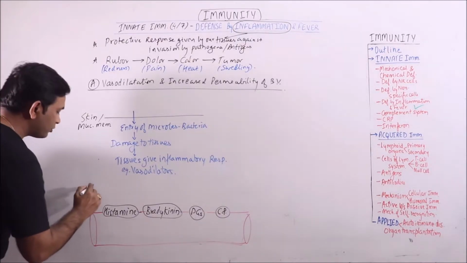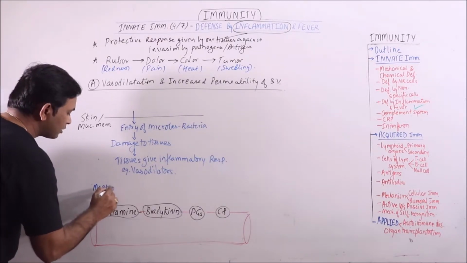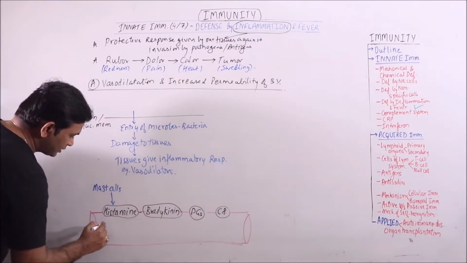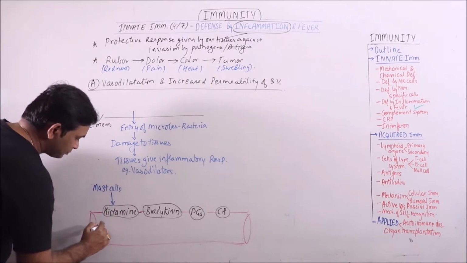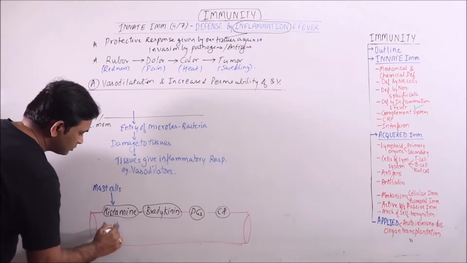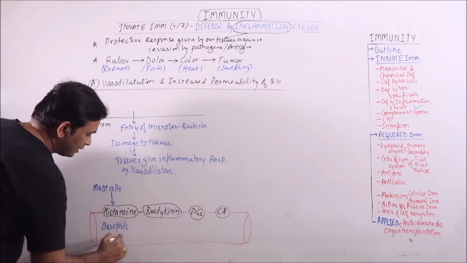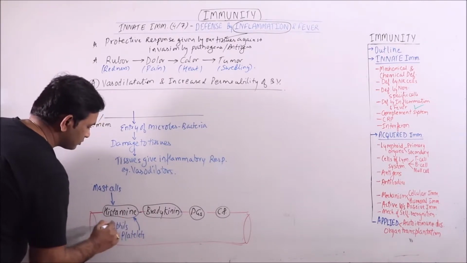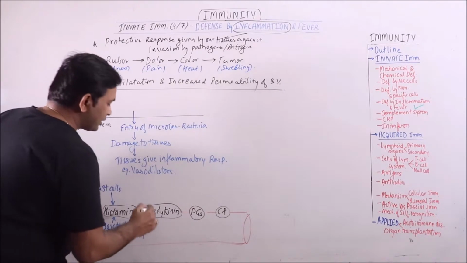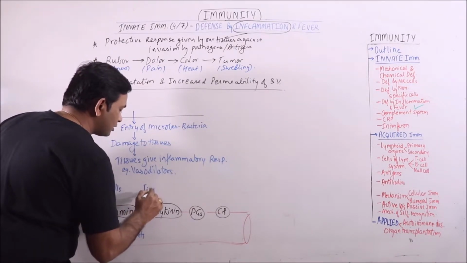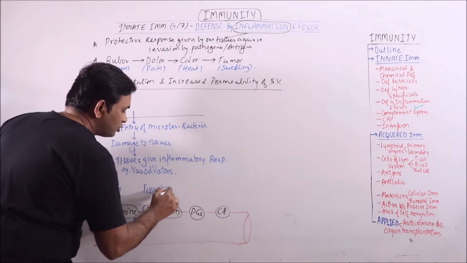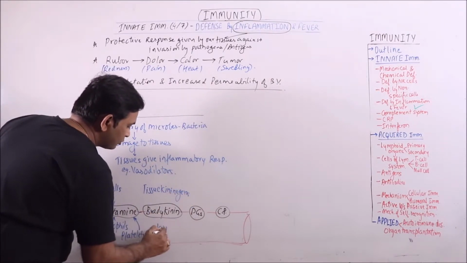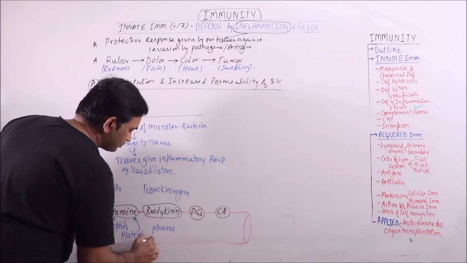Histamine is mainly contributed by mast cells, and from the blood vessels it is contributed by basophils and platelets. Bradykinin is contributed by tissue kininogen, while plasma kininogens also contribute to it.